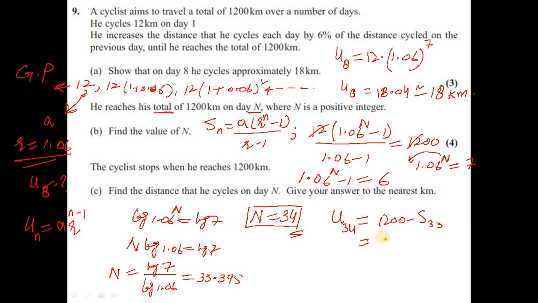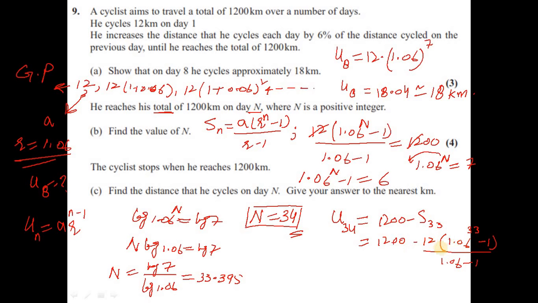So 1200 minus S33, and S33 is 12 times 1.06 whole power 33 minus 1 divided by 1.06 minus 1.